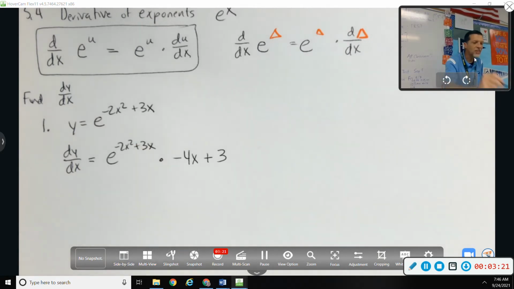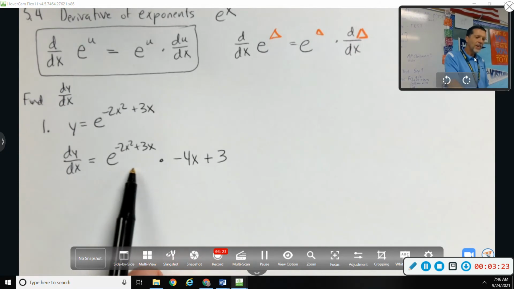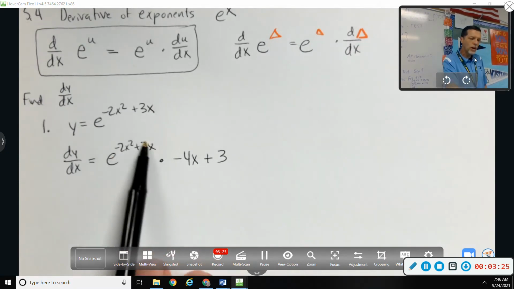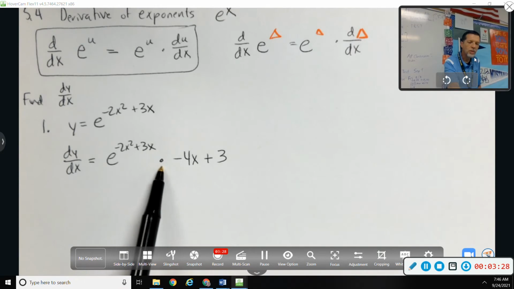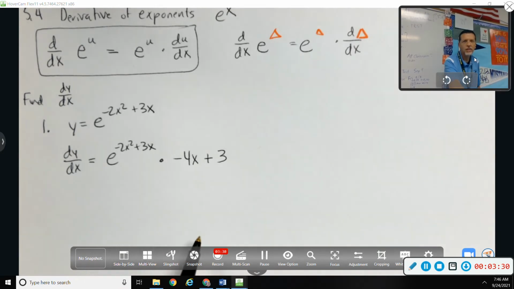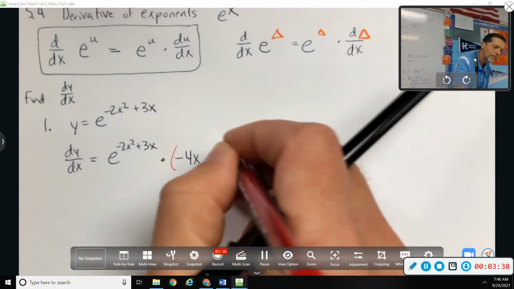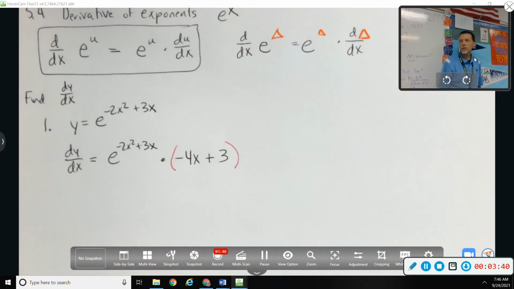It's a subtle thing. Right now, e to the negative 2x squared plus 3x, what's it being multiplied to? Right now, it's only being multiplied to the negative 4x. I've got to put parentheses on that to make sure it multiplies to all of it.